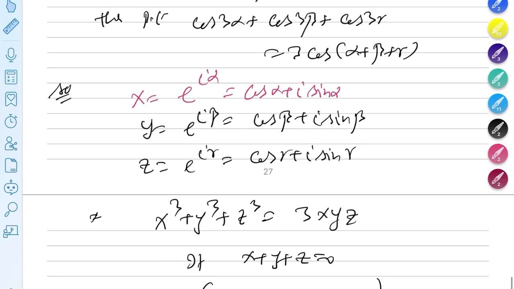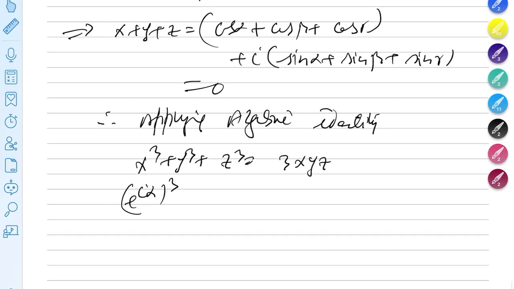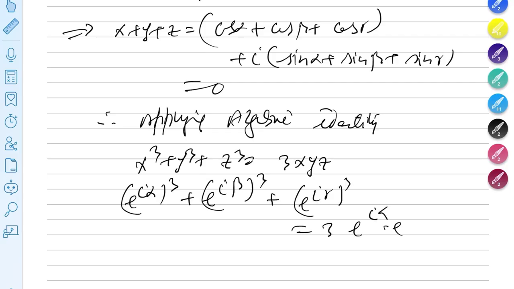We can use the trigonometric form also, but it is a little bit difficult, so it's easy to write in the exponential form or the Euler form. So y is e to the power I beta cubed, plus e to the power I gamma cubed, and the right hand side is 3 e to the power I alpha, e to the power I beta, e to the power I gamma.